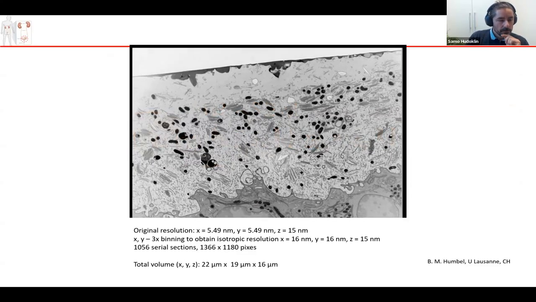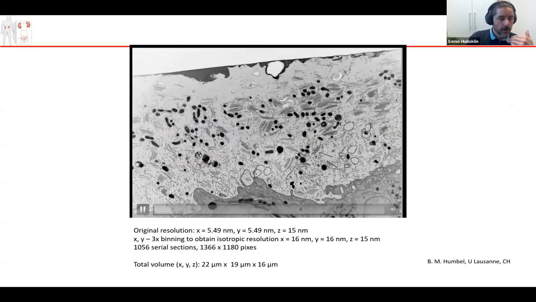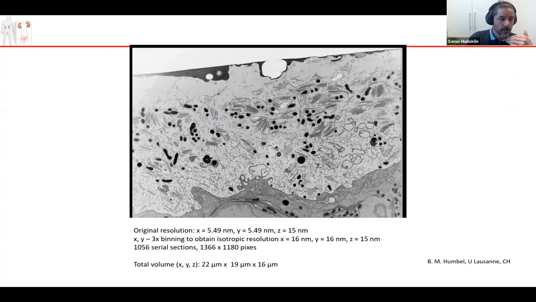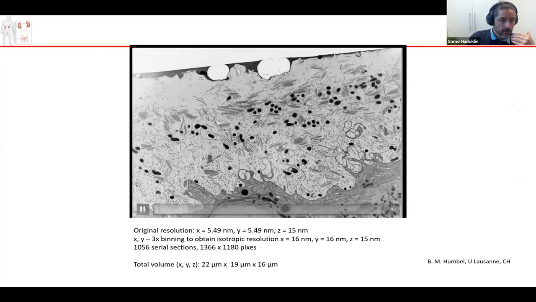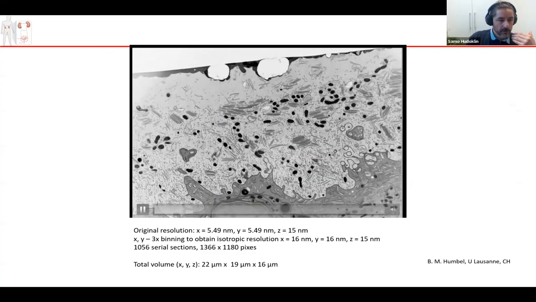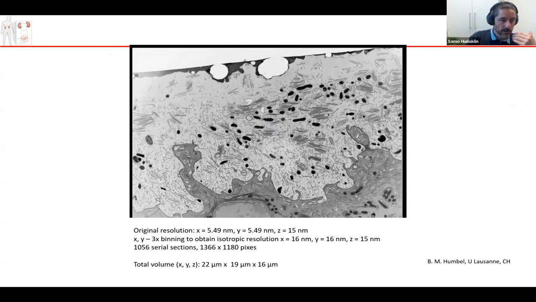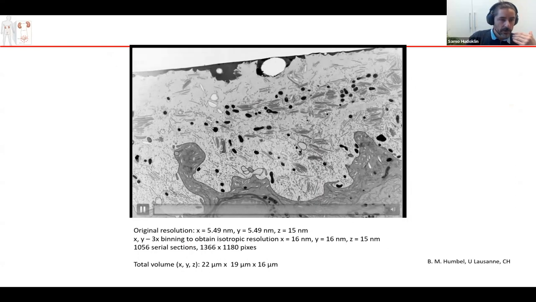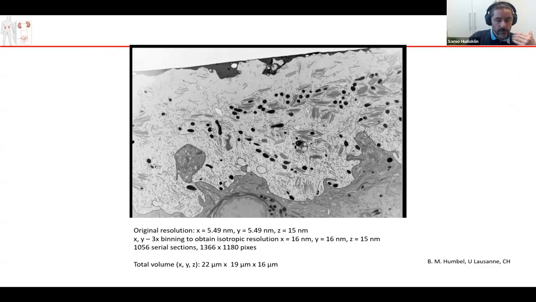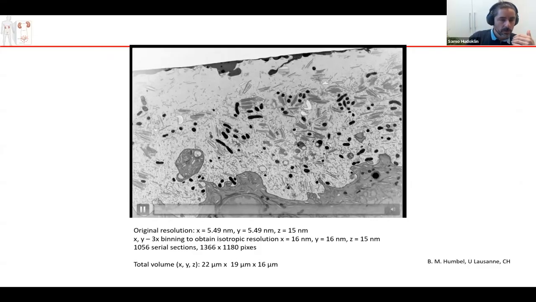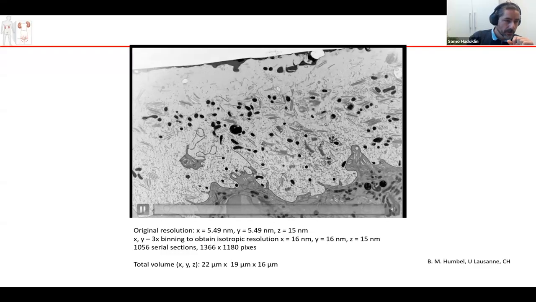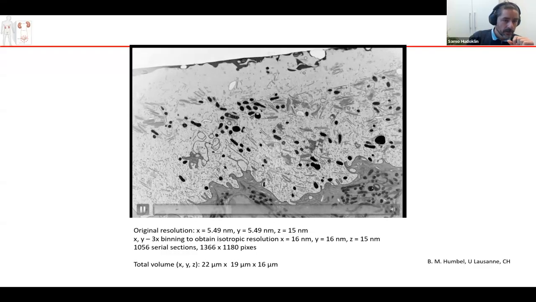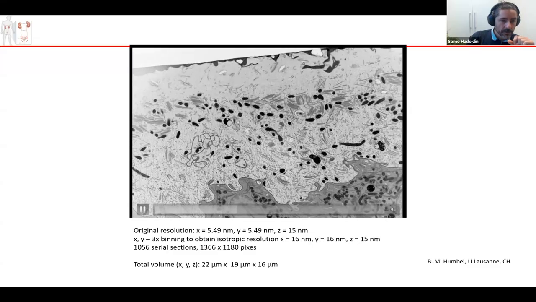So here you see a movie of one part of the cell, an umbrella cell, this terminally differentiated superficial urothelial cell. It's actually larger than this clip. You don't have the nucleus here, but here on the top, it's the luminal side. Here on the bottom, you see the intermediate cells.